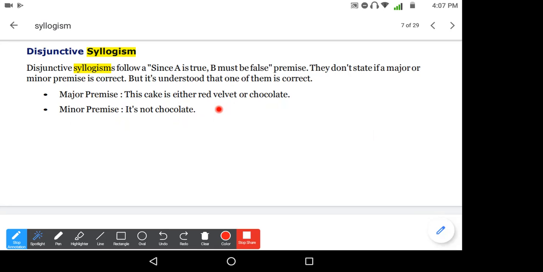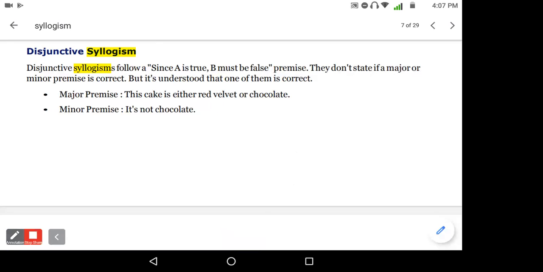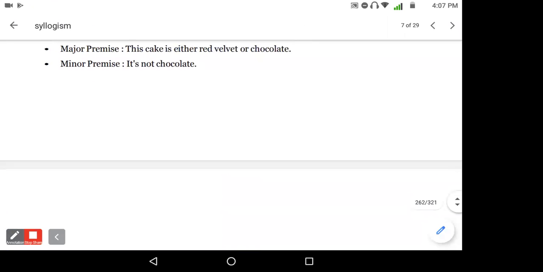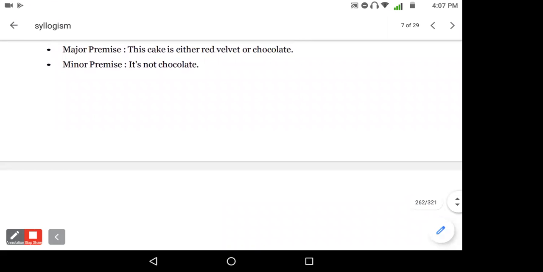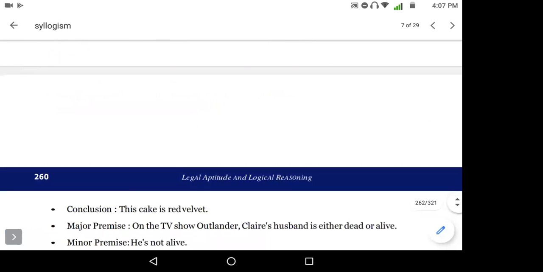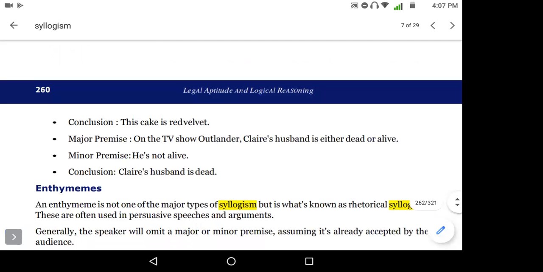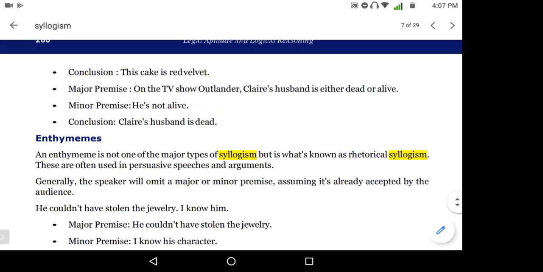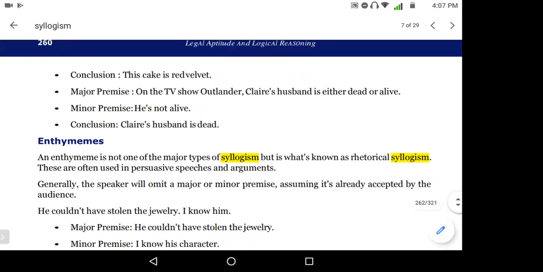So don't put your views into the question. Just follow the question, just follow the information given and try to answer it. Okay, so that is very important in logical reasoning. So this cake is either a red velvet or chocolate. Minor premises, it is not a chocolate. So what is the conclusion? The conclusion is this cake is a red velvet cake.